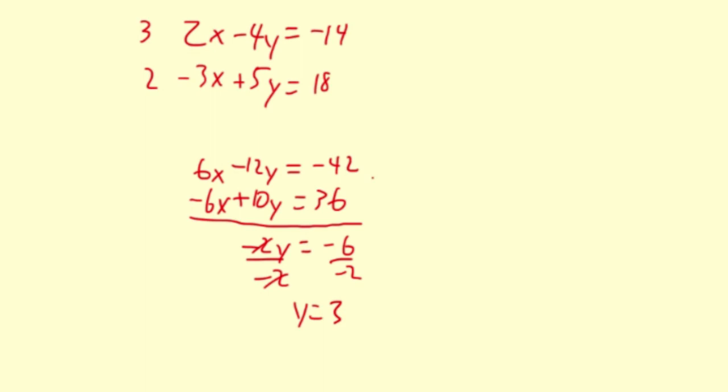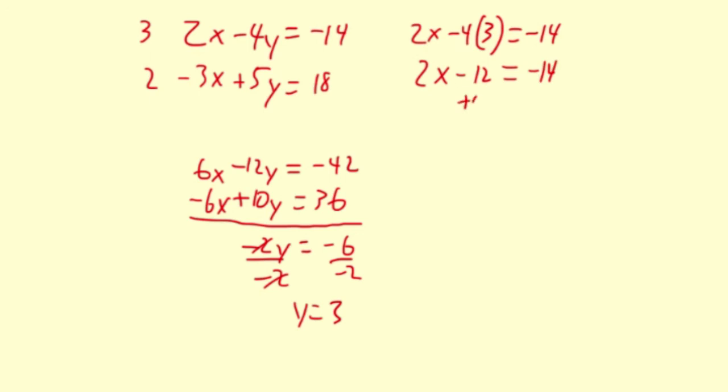Okay, so now I can substitute back into the other equations to solve for x, and I can pick whichever equation. I'm going to use the first equation. So that's going to be 2 times x minus 4 times 3 equals -14. 2x minus 12 equals -14, because -4 times 3 is -12.